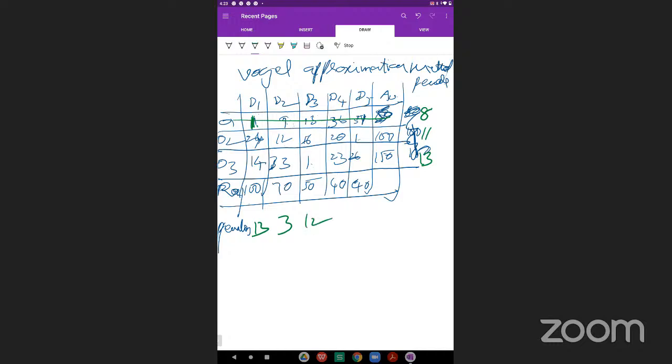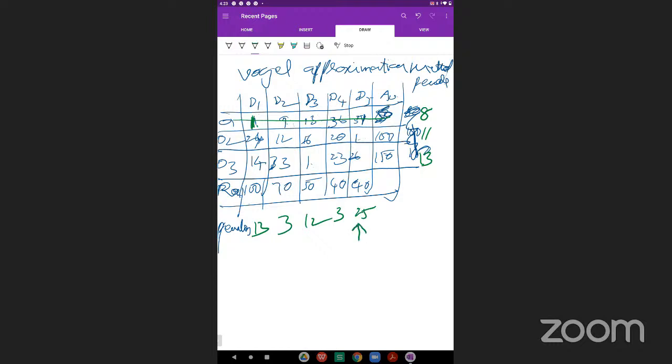Next is 20 and 23, which is 3. Then next is 1 and 26, which is 25. Now, which is the maximum penalty? 25. Where is the 25? It comes to D5. So in that D5 you select.